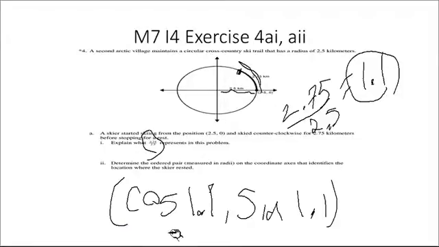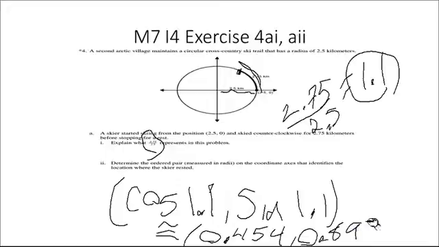Those values were roughly 0.454 and 0.891.